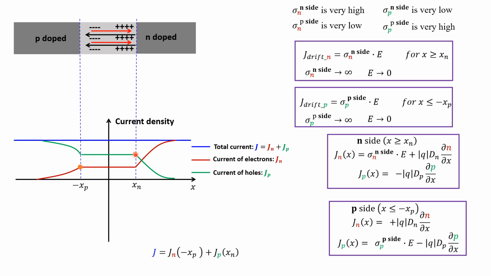And I emphasize once again that we are only allowed to calculate the total current by taking the two contributions at different points because the current within the depletion region is almost constant. We could not, for example, have taken one current here and another current here. That would not give the total current. But we can take it here and here because they are basically constant within the depletion region.